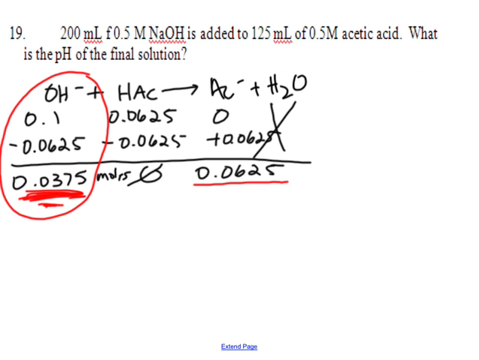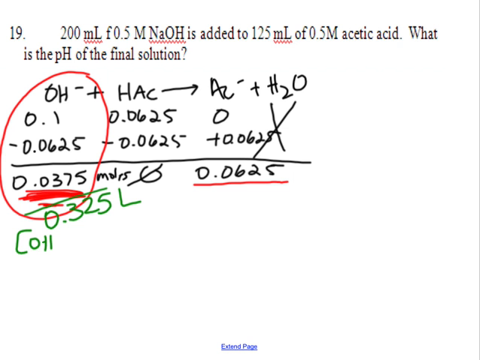Okay, so we're going to take this to find the pH. What do I have to do to it first? Got to do molarity because it's a negative log of the OH concentration I need. What is my total volume? 325 mils, which is 0.325 liters.